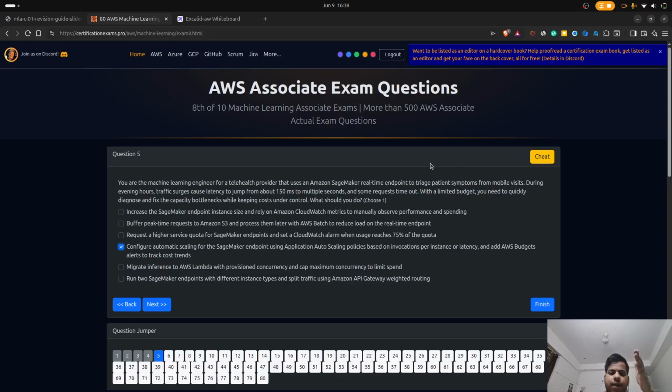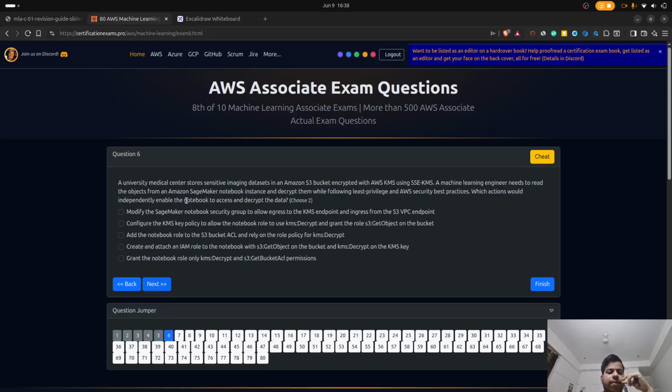If traffic surges come in the evening hours, then we can set some auto scaling policies there, and according to that we can also add some AWS budget alert. Alright.